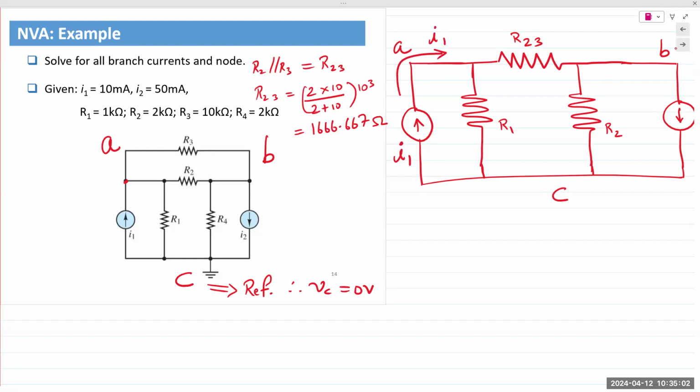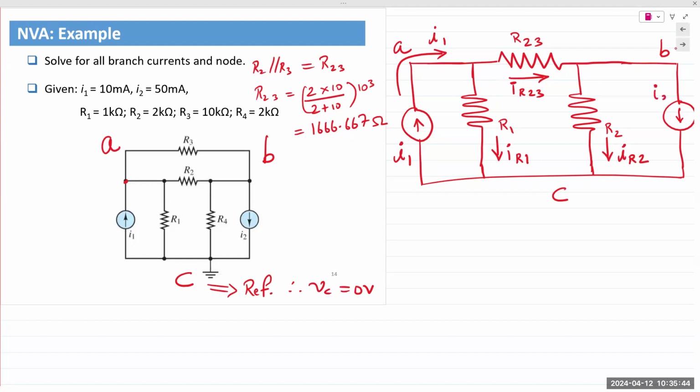So I'm going to choose a current for R23 also going from left to right. So I will choose IR23 going from left to right. Then I would choose, let me mark it down here, IR1, the current flowing through resistor R1 as going from top to bottom, and current for R2 would be IR2 going from top to bottom.